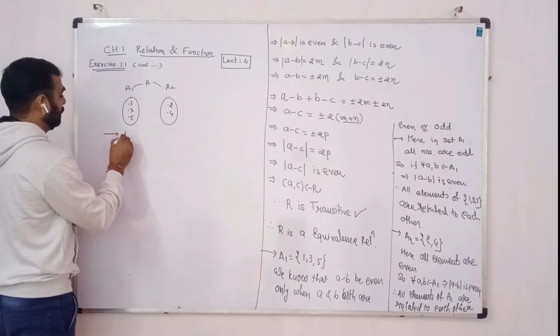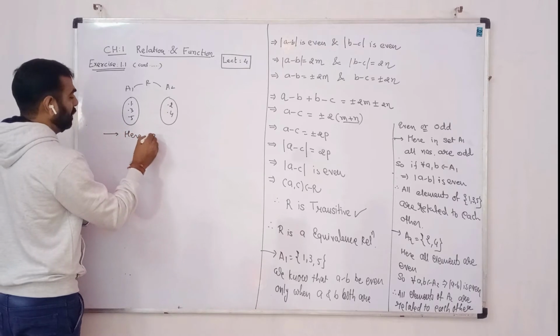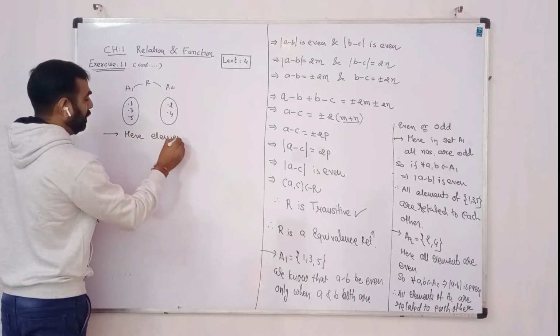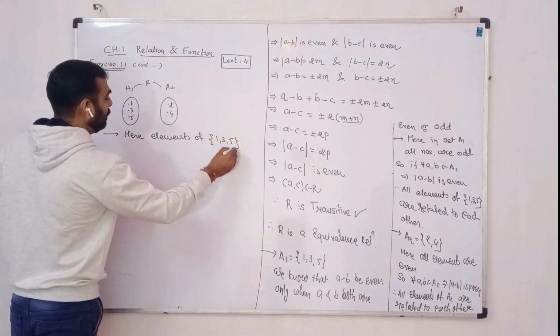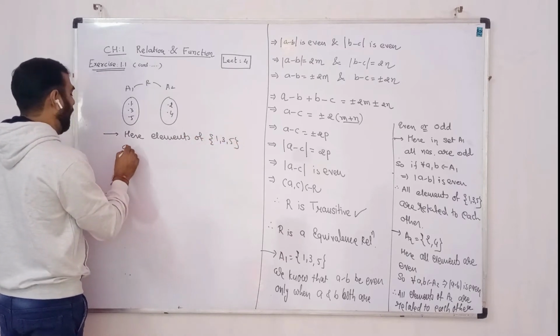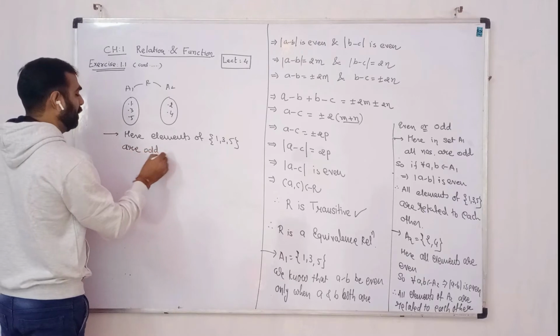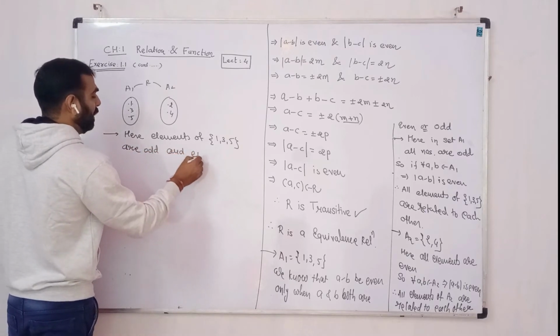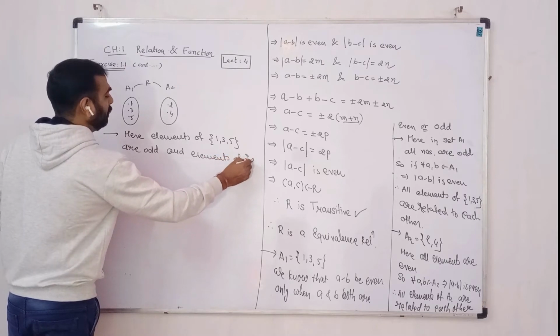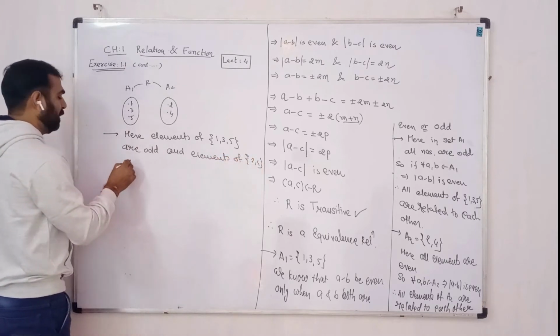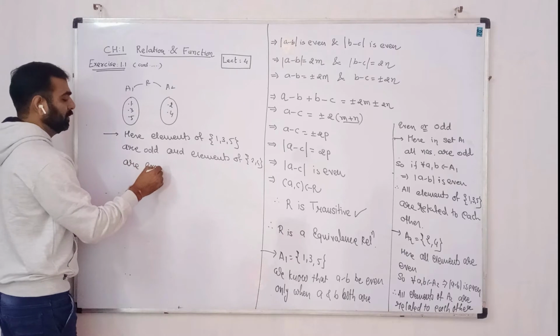So here elements of {1, 3, 5} are odd and elements of {2, 4} are even.